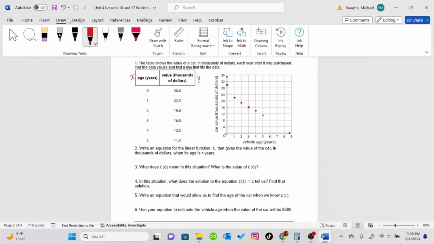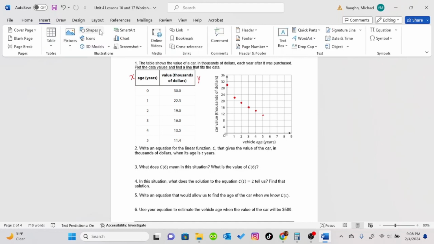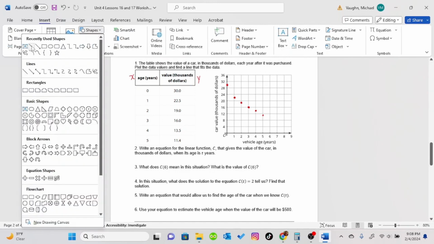And then they want us to find a line that fits.